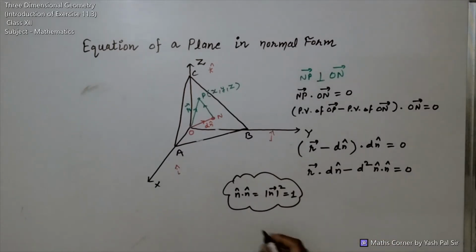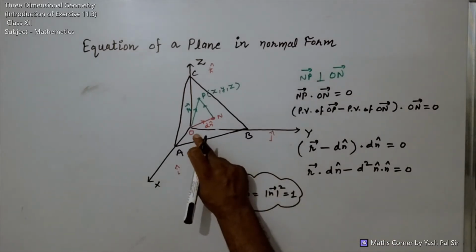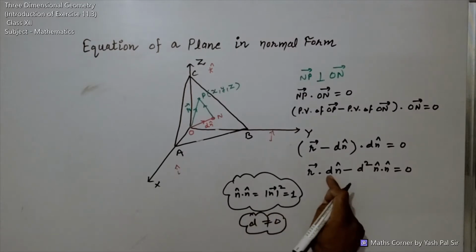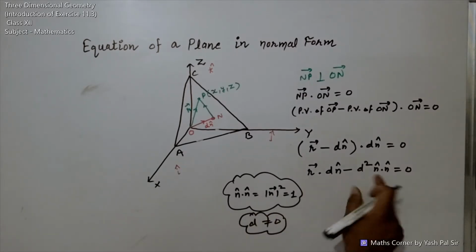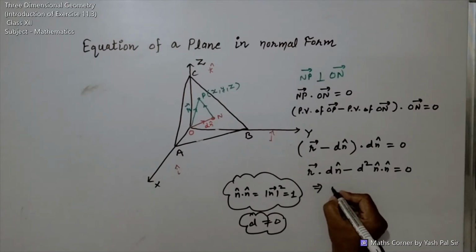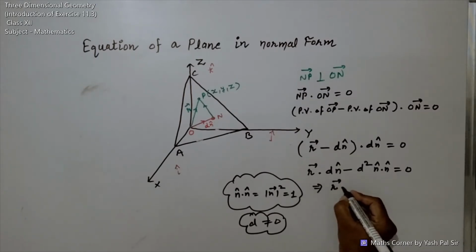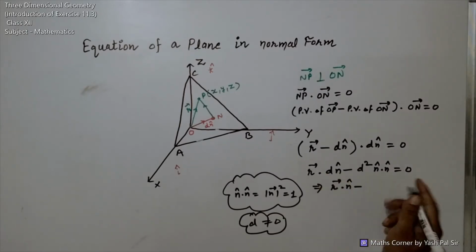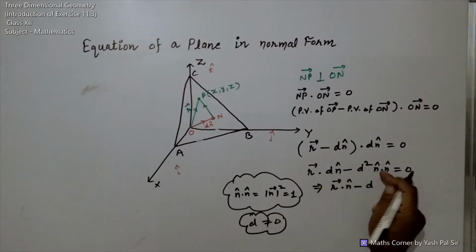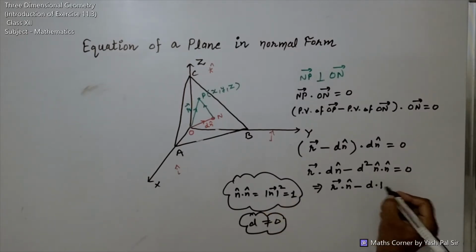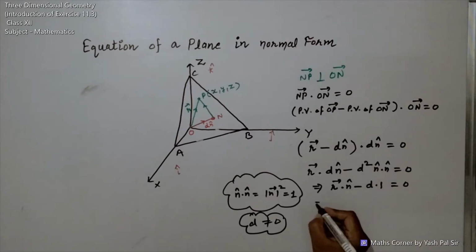One more thing, because d is the distance from O to N, this cannot be equal to 0. So we can take d common from these two terms. So we write this as d into vector r dot n cap minus d into 1 is equal to 0.